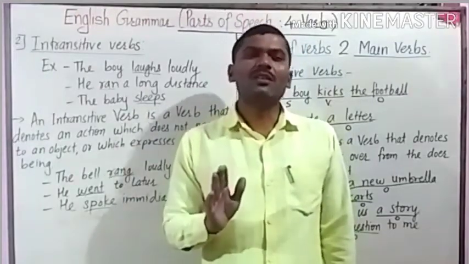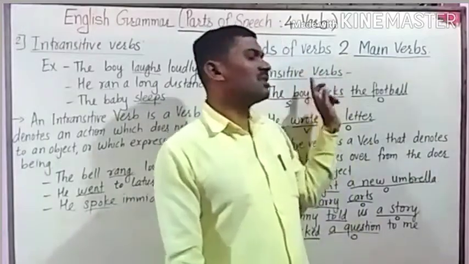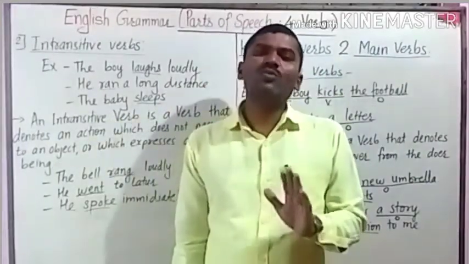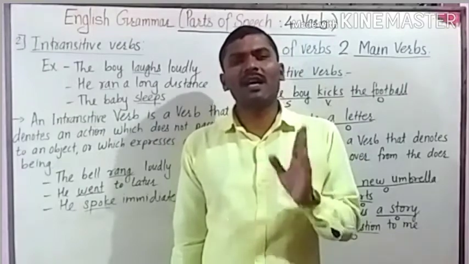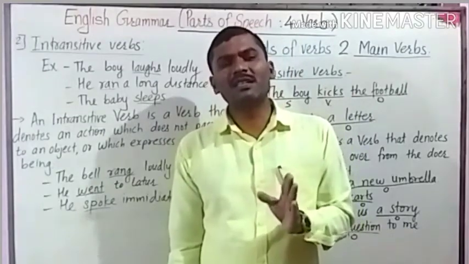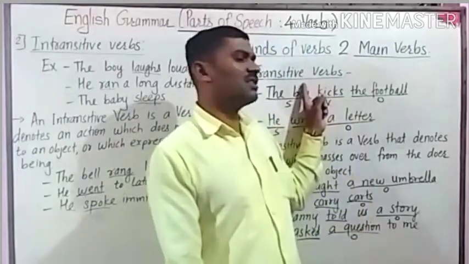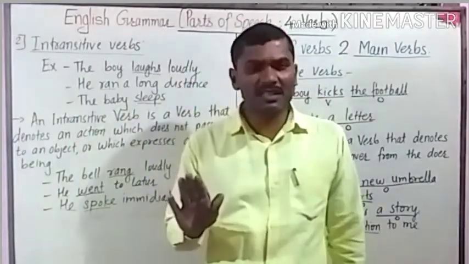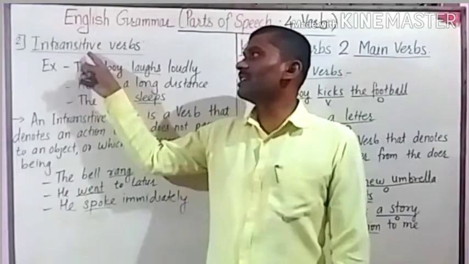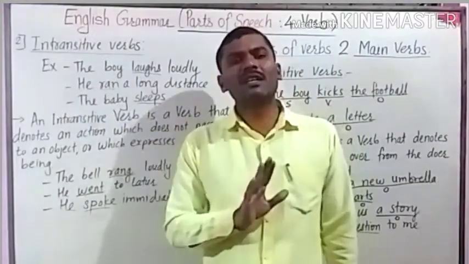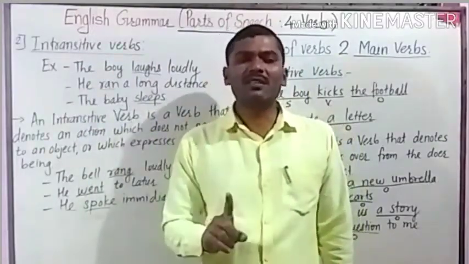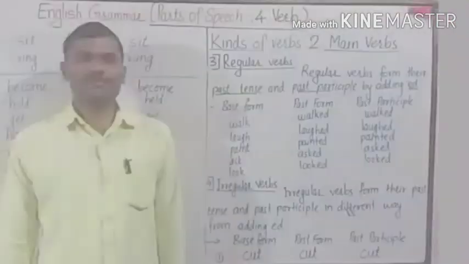To know an intransitive verb from a transitive verb, we should ask the questions what and whom. If we get answers as an object, then it is a transitive verb, and if we don't get an answer, it is an intransitive verb, and we cannot make the passive voice of an intransitive verb.